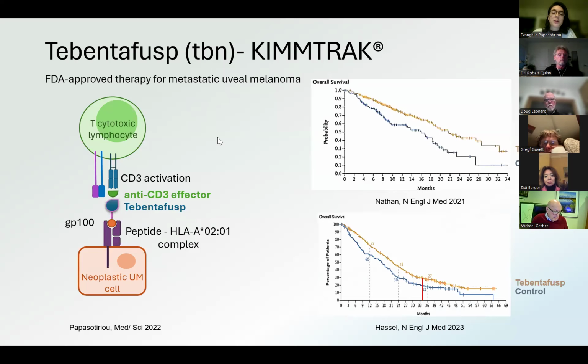So it was only in 2021 that we saw a little bit of light on the horizon with tebentafusp, also known as Kimtrak, that's the commercial name. Tebentafusp is a bispecific fusion protein that connects the GP100-expressing neoplastic uveal melanoma cells with the T cells through CD3 activation. And as we can see here in the first results, we have a benefit in the overall survival of tebentafusp-treated patients compared to the control ones.